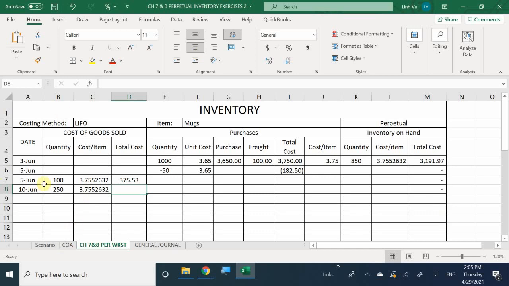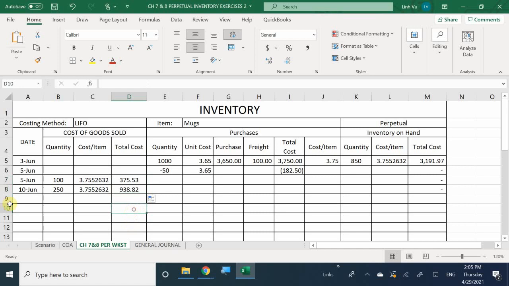So therefore, by doing my equal round formula, what is the total cost of goods sold? $938.82. Okay. So there we have it. Our cost of goods sold is this amount right here.